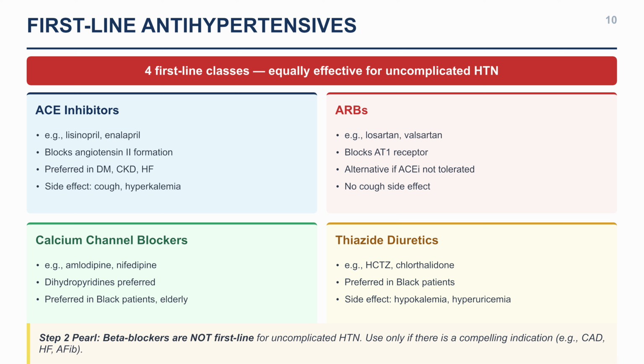Fourth, thiazide diuretics, such as hydrochlorothiazide and chlorthalidone, also preferred in Black patients. Common side effects are hypokalemia and hyperuricemia. Step 2 Pearl. Beta blockers are not first line for uncomplicated hypertension. Use them only when there is a compelling indication, like coronary artery disease, heart failure, or atrial fibrillation.